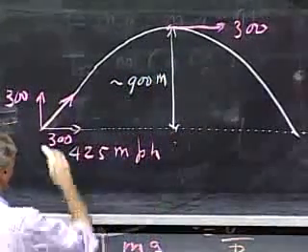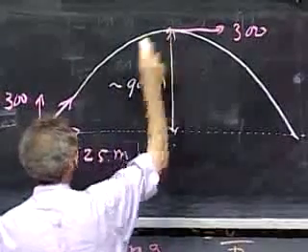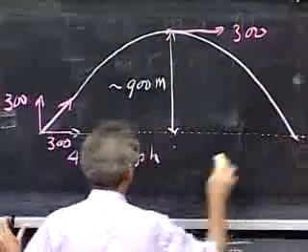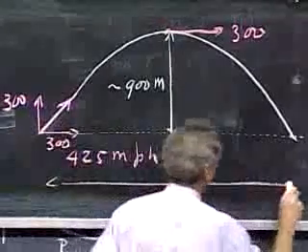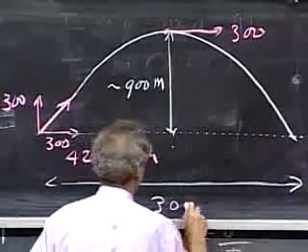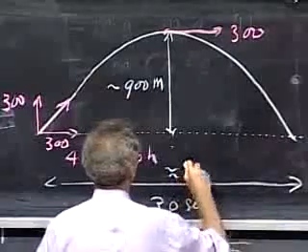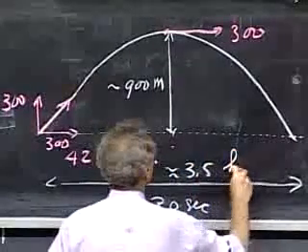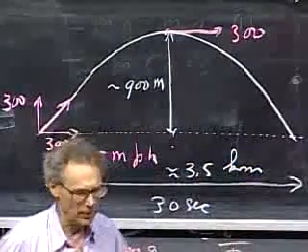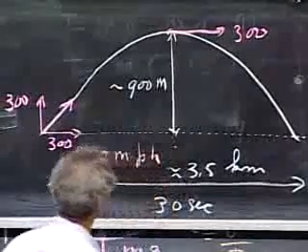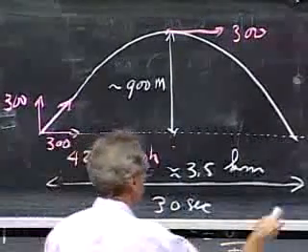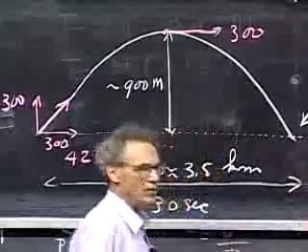And it will take about 15 seconds to reach this point, so it will take about 30 seconds to go from here to here. And in those 30 seconds, the horizontal displacement is about 3.5 kilometers. And all these numbers you should be able to confirm. Right here, the engines are restarted.